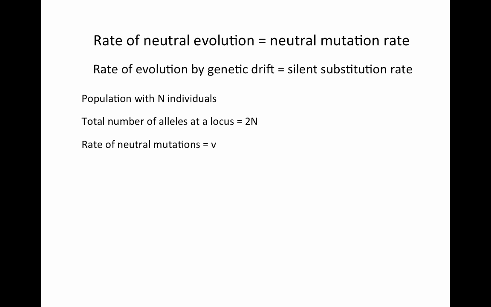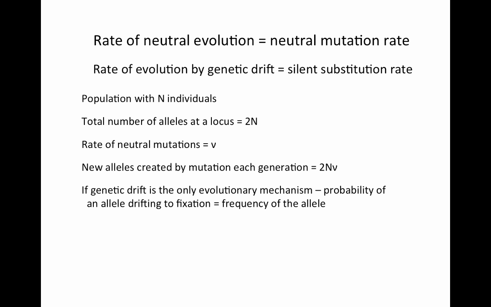So nu is going to represent the rate of neutral mutations at that particular locus. Remember, different loci can have different mutation rates. And so the total number of new alleles created by mutation in each generation, across the whole population at that particular locus, is going to be equal to the number of alleles in the population, 2n, times the mutation rate at that locus, nu. So 2n times nu.